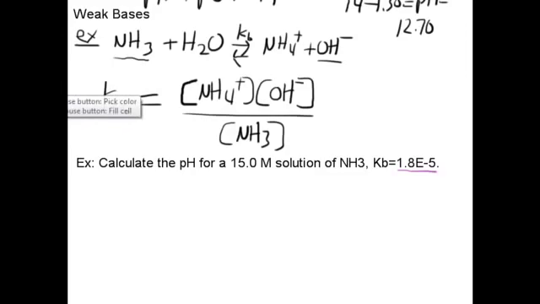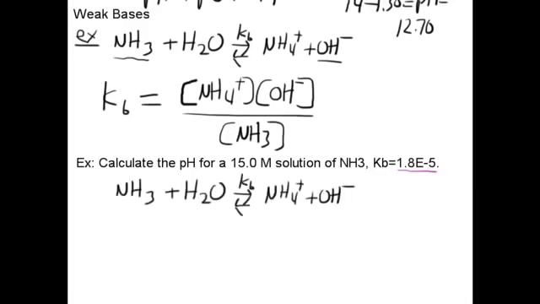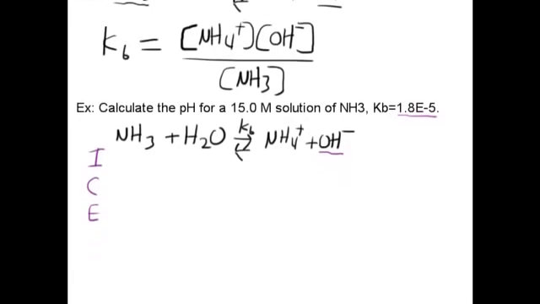So I need to have my equation. And I ask myself, what am I trying to solve for in this problem? And it's the hydroxide, because hydroxide is related to H+, which is related to pH. So as always, I'll make my ICE table, and I'll set it up, and I'll solve it.